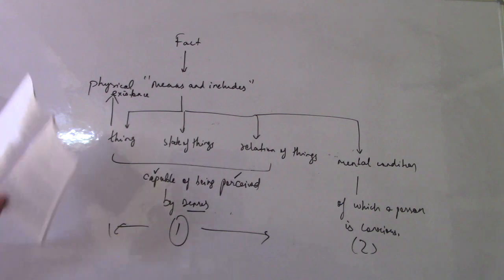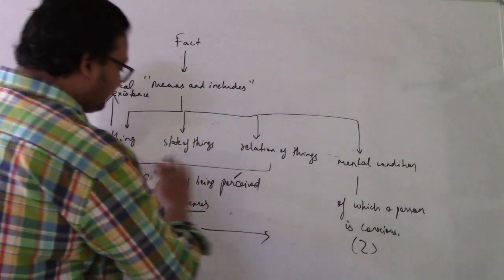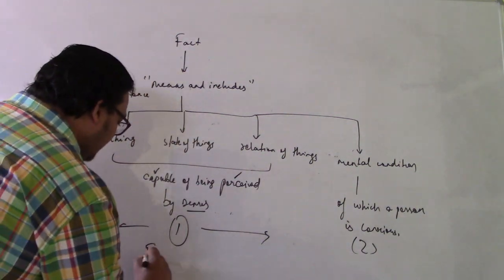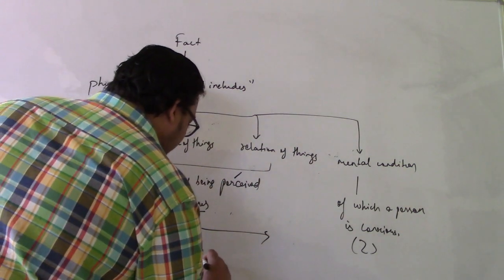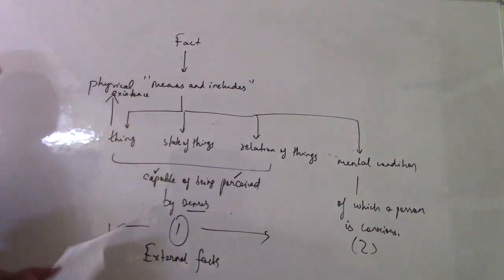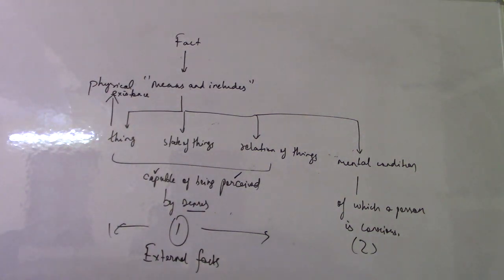Right? Which means that the fact, or this first category that we are talking about, falls into the category of external facts. You can say external facts or physical facts.